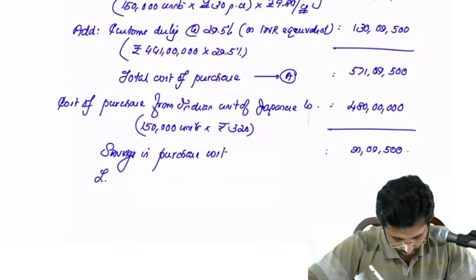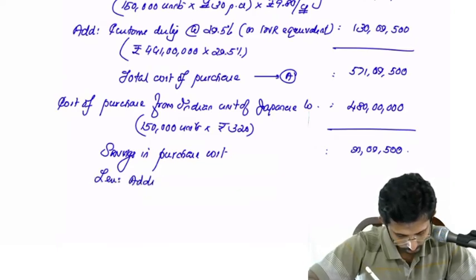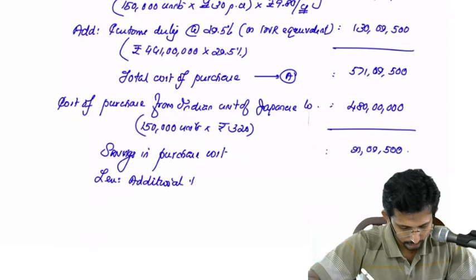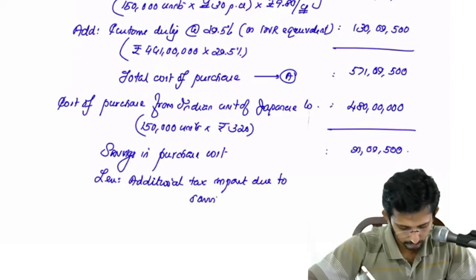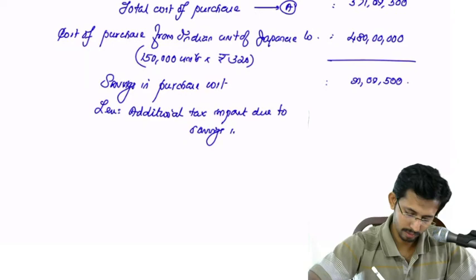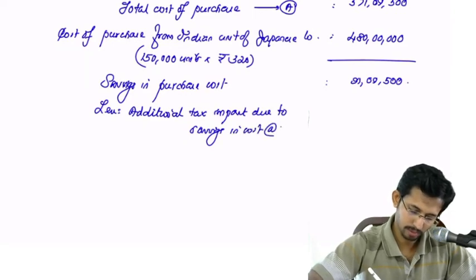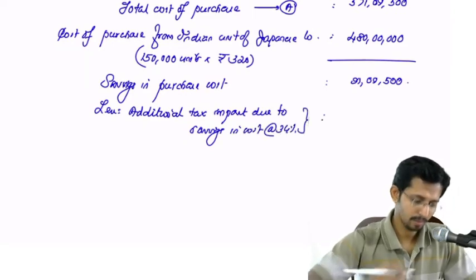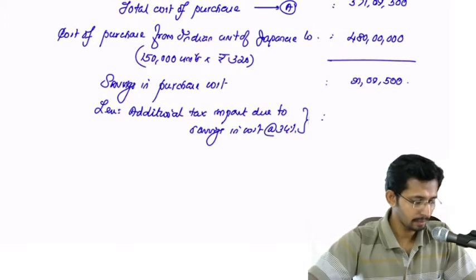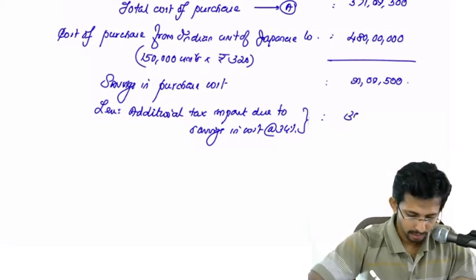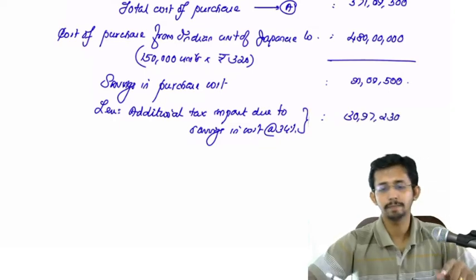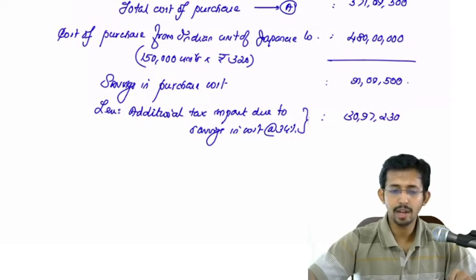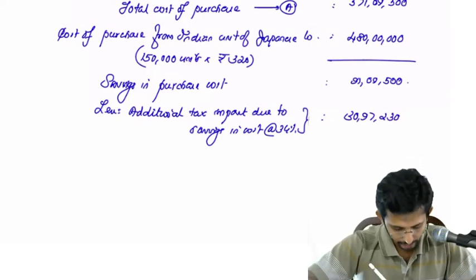So less additional tax impact due to savings in cost, okay, at 34%, that will be 30,97,230.